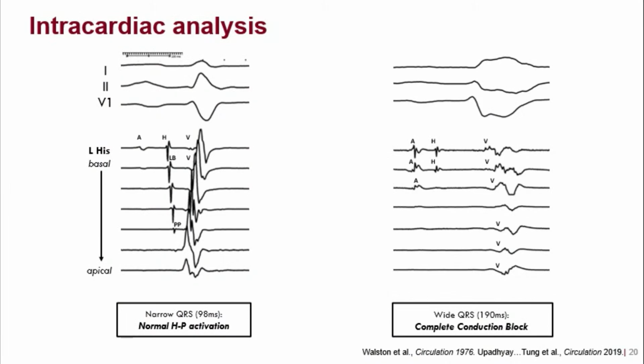The conclusion of our intracardiac analysis was that when evaluating left septal recordings, we found that patients with normal narrow QRSs demonstrated intact presystolic Purkinje activation prior to local ventricular electrogram activation, and that patients with complete conduction block and left bundle branch block pattern demonstrated abrupt discontinuous activation, so abrupt block, of their His-Purkinje system, here shown in a patient occurring very high at the left-sided His fibers.